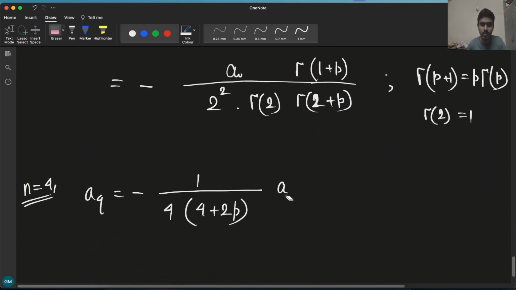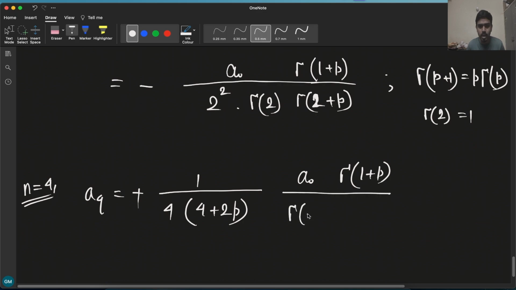And a2 is nothing but, so I can make this plus, a0 times gamma of 1 plus p times gamma 2 times gamma of 2 square times gamma 2 times gamma of 2 plus p.